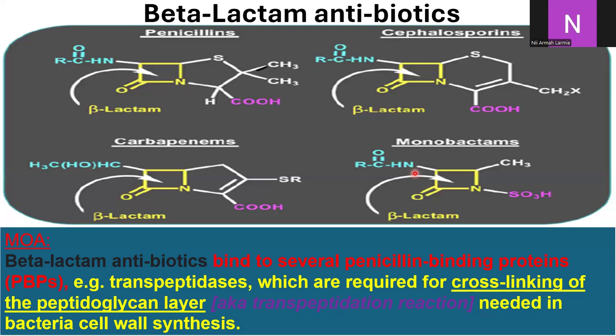So basically what we are saying is when you give a beta-lactam antibiotic, it binds to the transpeptidase enzyme, thereby preventing the transpeptidation reaction, which is the cross-linking of the peptidoglycan layer.